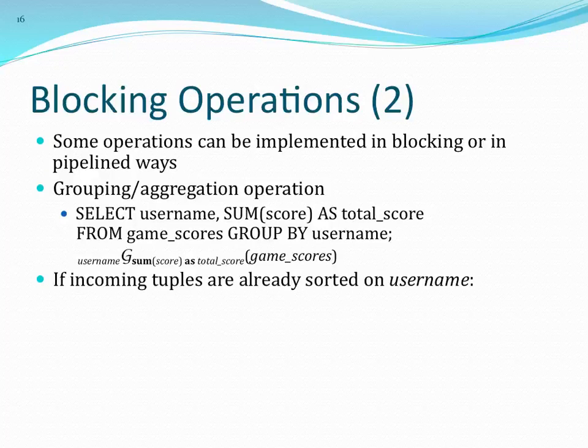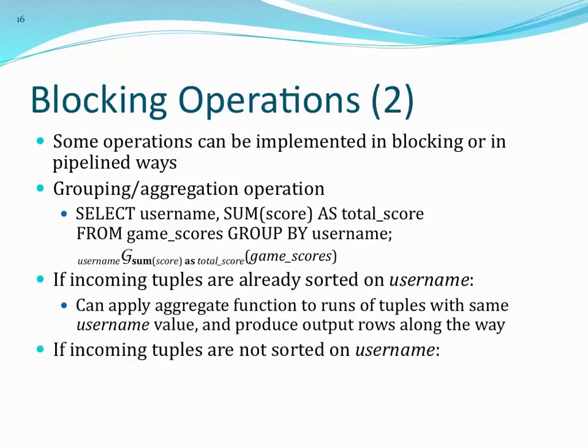So I can scan each group's values and then generate the result for that group when I see the next group value show up. Which is really weird, because the sorting version of group and aggregate is not blocking. The hashing one is. Because I may see some tuple that corresponds to some group way down in the results. I can't generate the result for that group until I actually consume all the inputs. So it's kind of an unusual thing.